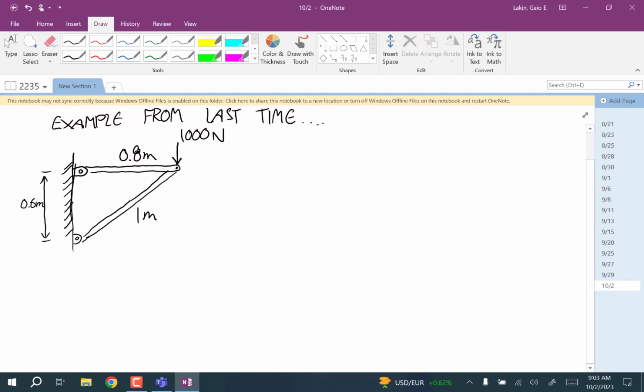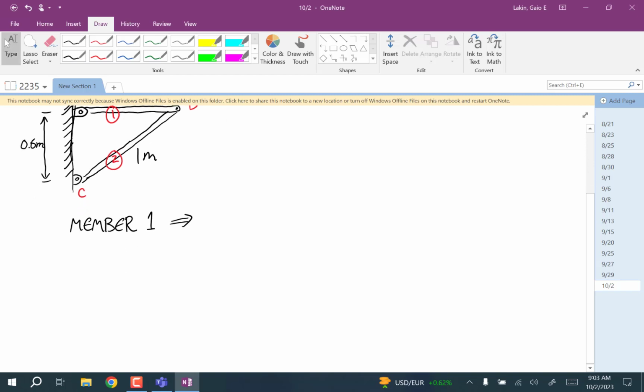And so far, we numbered these members. We called this member 1 and this member 2. And this was A, B, and C, the pins. And from isolating member 1, we got the first 3 equations.